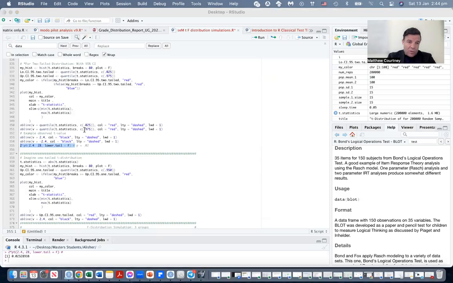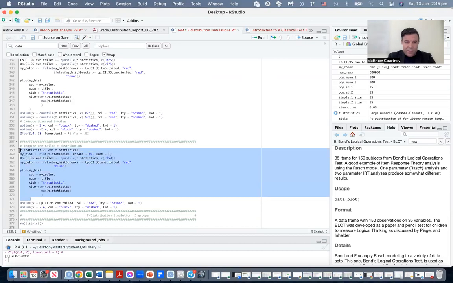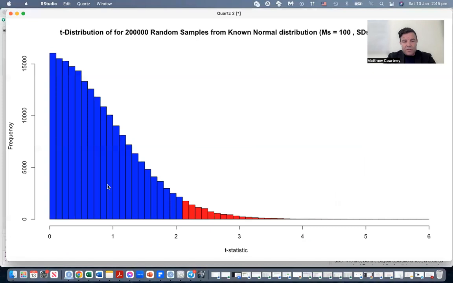We can draw the graph again with these absolute values. And we can just run that, get a result. So this is the same graph, but essentially we've folded one tail onto the other. And we get pretty much the same picture.